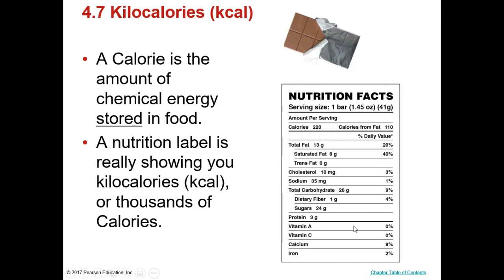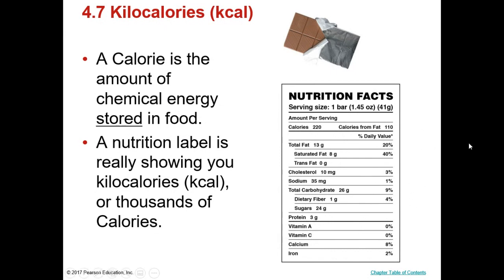Companies nowadays are required to provide you with nutrition facts, and they're obligated to give you how many calories you're consuming. They give you the total fats, saturated fats, trans fats, cholesterol, sodium, carbohydrates. This is what you would see on a typical food that you buy from Walmart or from wherever you buy food.